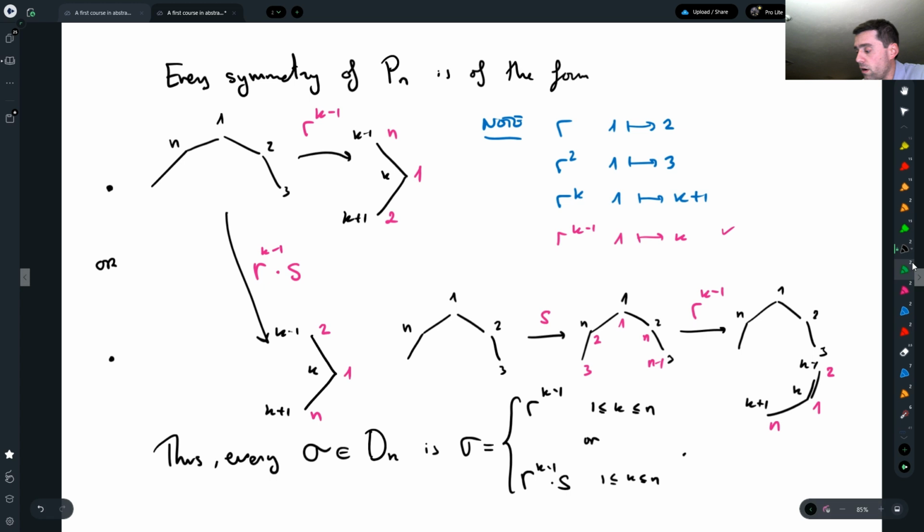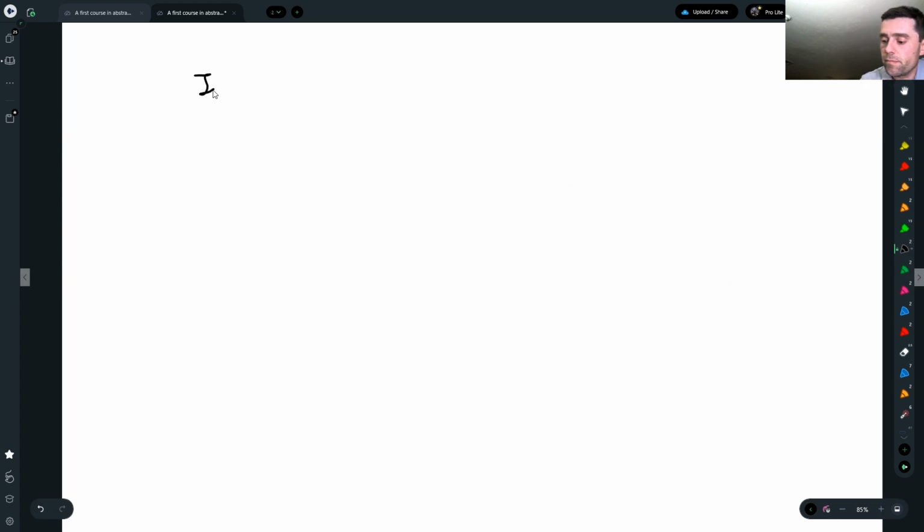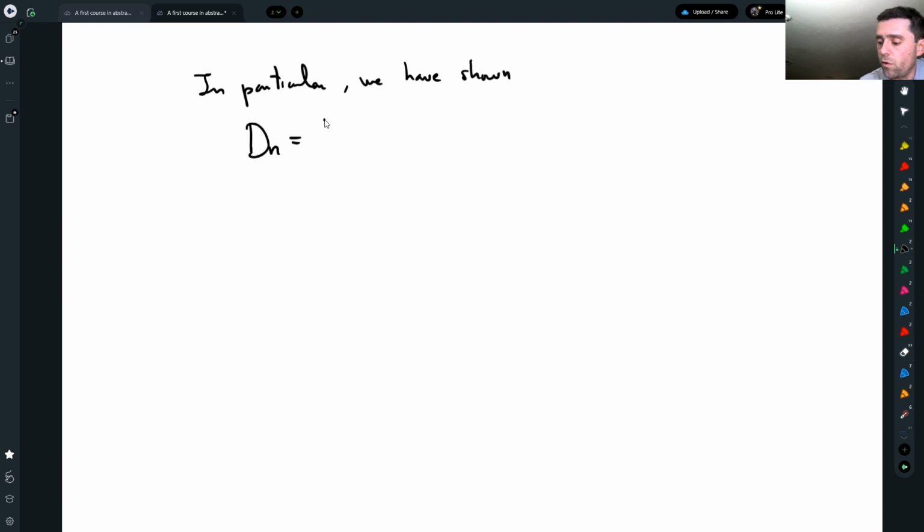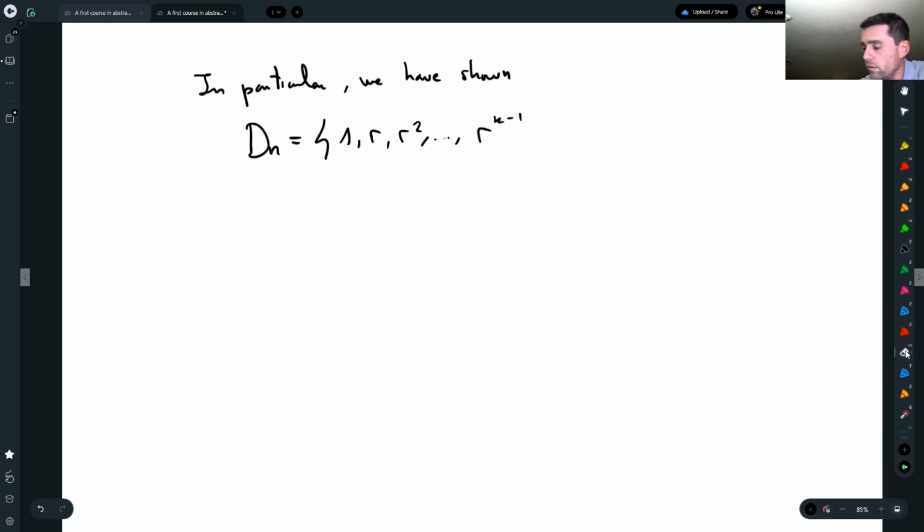So in particular, we have shown that Dn is of the form, all the elements are 1, r, r squared up to r to the k up to r to the n minus 1, and then s, rs and up to r to the n minus 1 s.